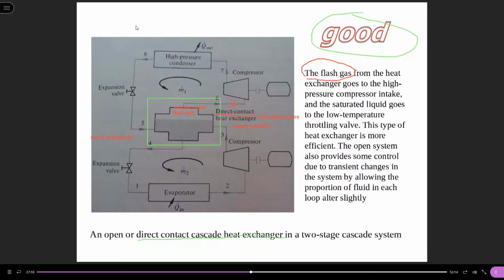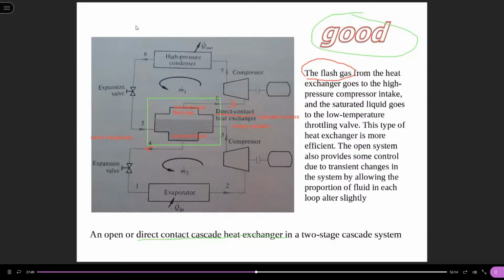And then we can see, because this is a saturated mixture, the saturated liquid will go to the low temperature throttling valve here. Then it's throttled to state 1.